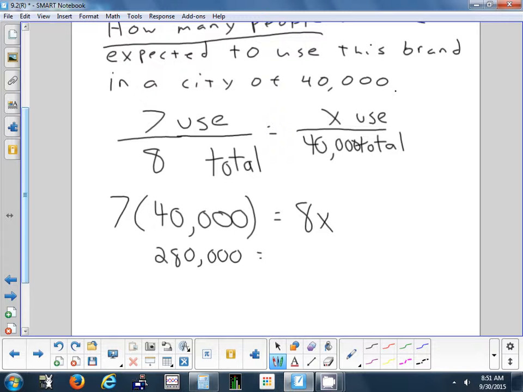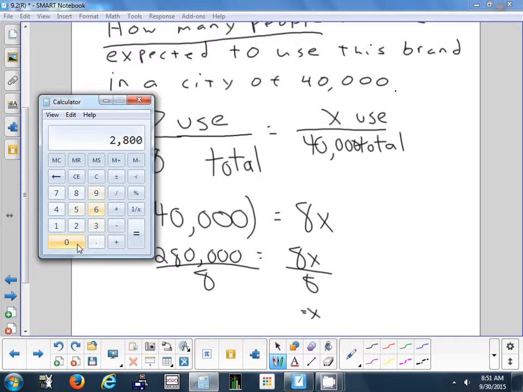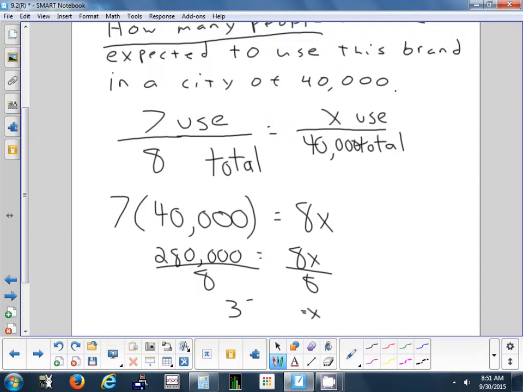Right here, this 8x. Sabrina, what's the last step? Divide by 8, right? X equals what? 35,000 people what? They use it, right? So 35,000 people use Cabot toothpaste.